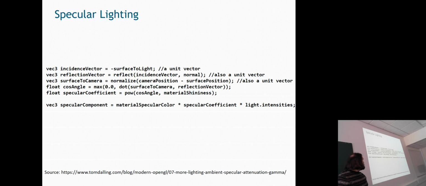Then we need to find the vector from the surface to the observer or the camera. That is just the normalization of the camera position and the surface position, like in the previous case. What is important here is the cosine of the angle between two vectors: the reflection vector and the direction towards the observer.